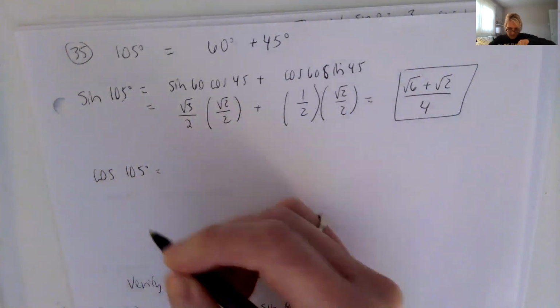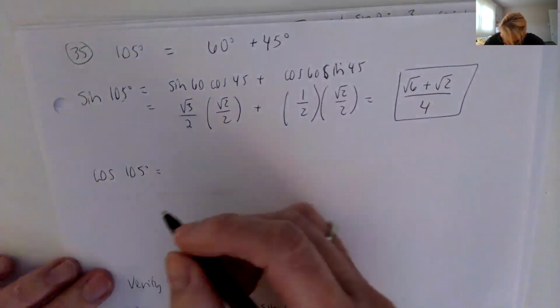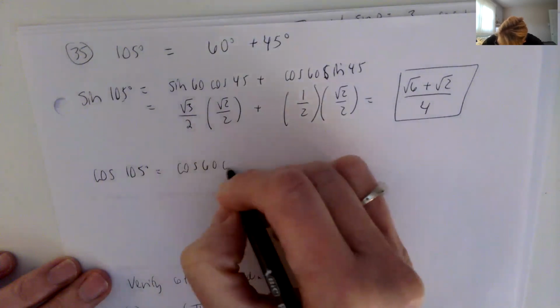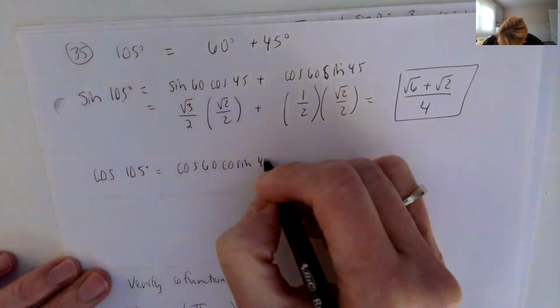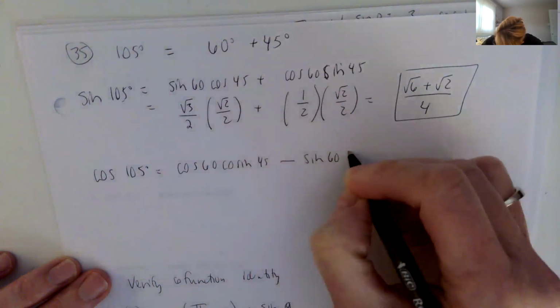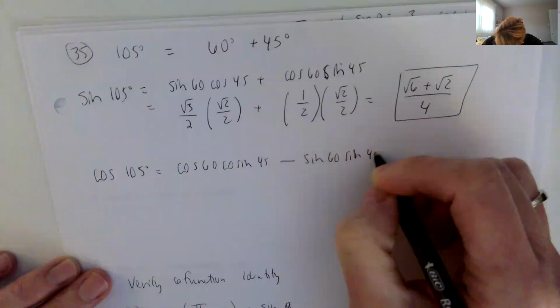Okay, using the sum identity for cosine, we get cosine of 60 times cosine of 45, subtracting sine of 60 times sine of 45.